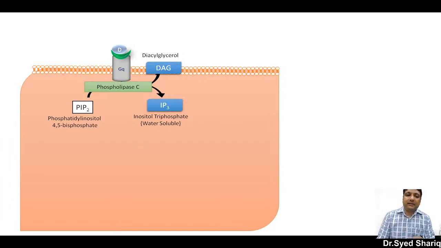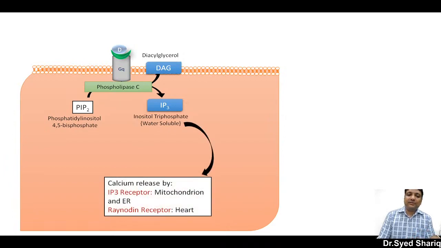The important part here is IP3, inositol triphosphate. It's water soluble, it is inside the cell. It causes release of calcium from the mitochondria and also from the endoplasmic reticulum, with the help of the IP3 receptor on these cell organelles.